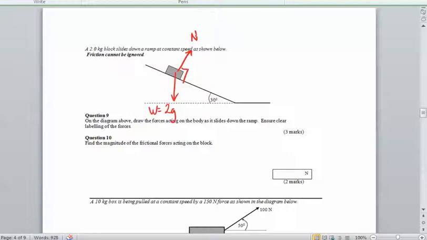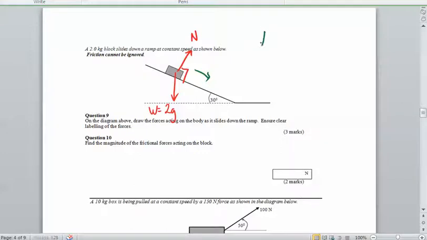Now, what I want you guys to do before tomorrow is really have a look into kinetic and static friction, how it works. When something's already moving, it actually requires less force than to get it moving initially.